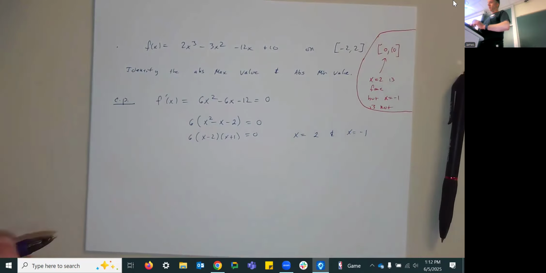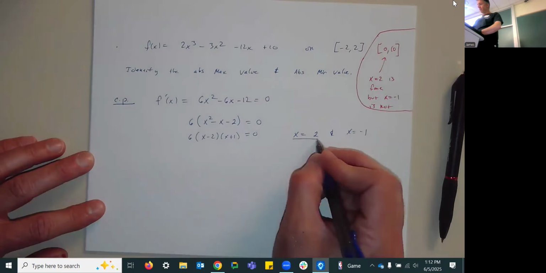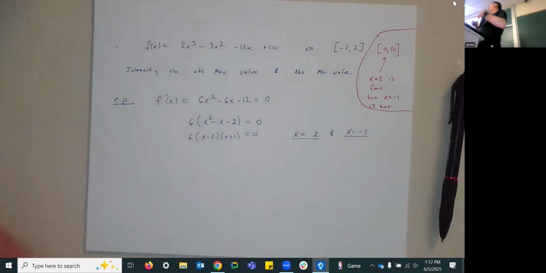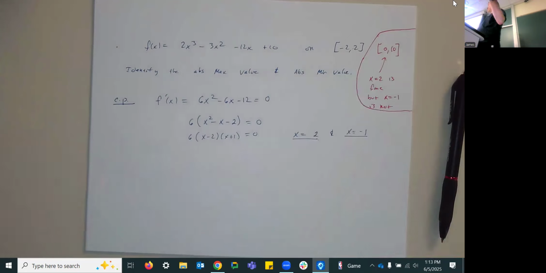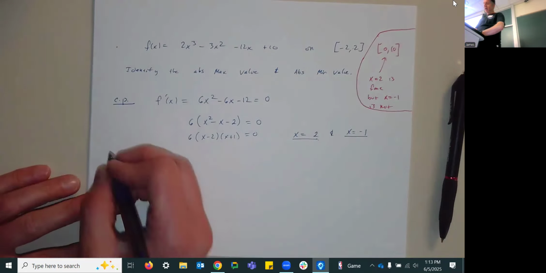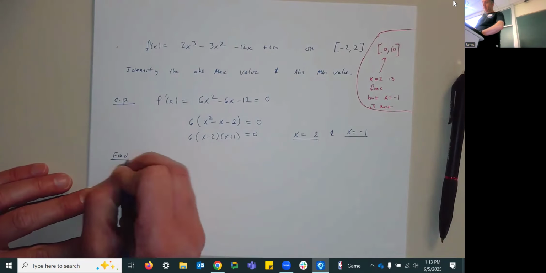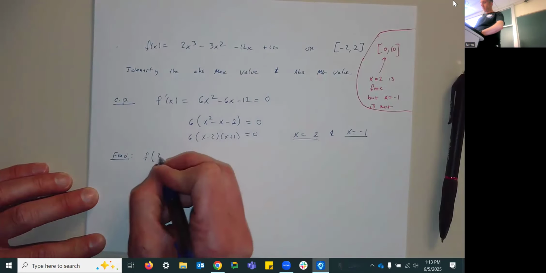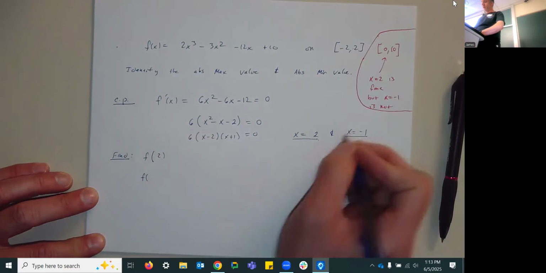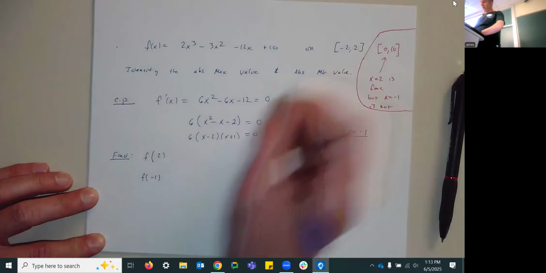So for this problem, after we find our critical values, then we're just going to plug all of our critical values and all of our endpoints into the original function. This problem happens to have one of the critical values the same as an endpoint. That's totally fine. So we're going to find f of 2, f of negative 1, and f of negative 2.